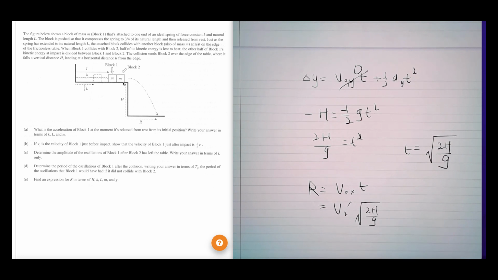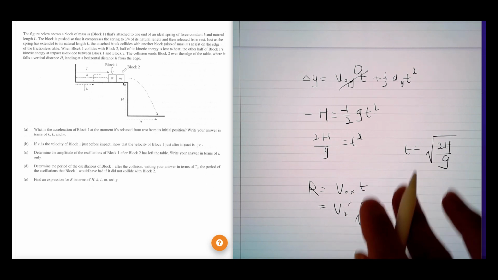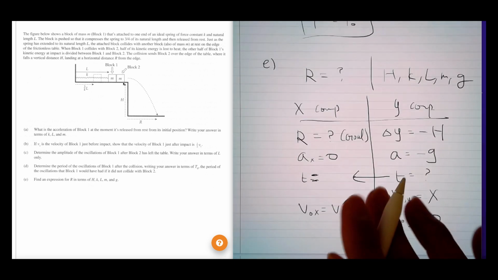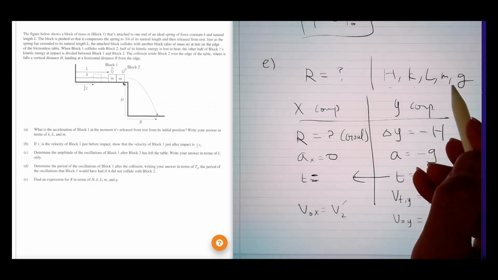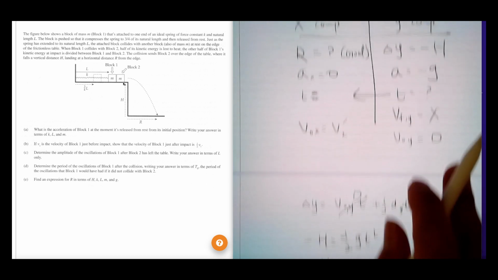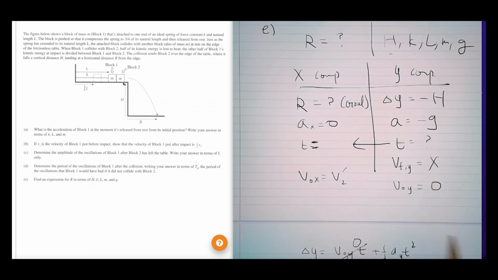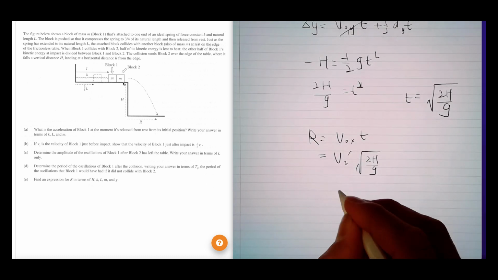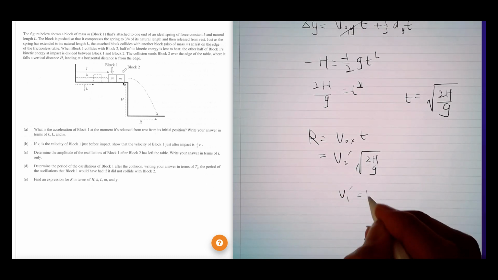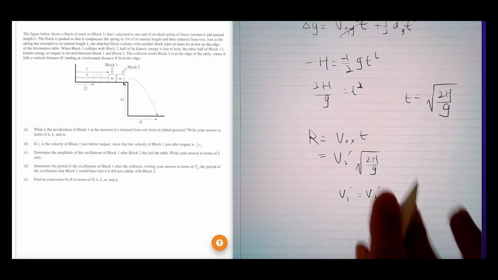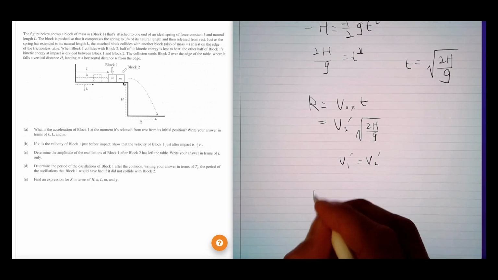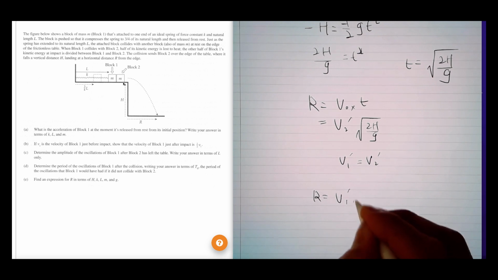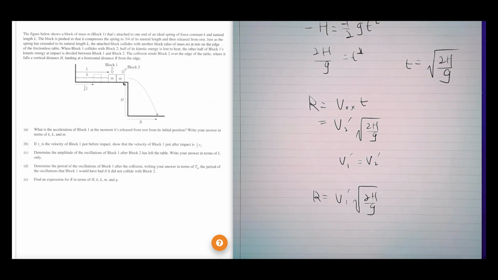So b2 prime is not supposed to be in our solution because the question said we can use all these 5 variables, but we are not seeing the b2 prime. But if you remember from part B, we got the calculation that b1 prime equals b2 prime. So we can also put b1 prime here. So r equals b1 prime times square root of 2h over g. But still, b1 prime is not acceptable in our final answer.